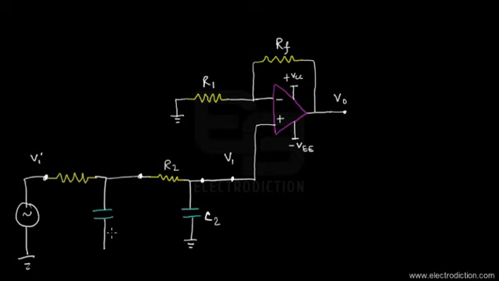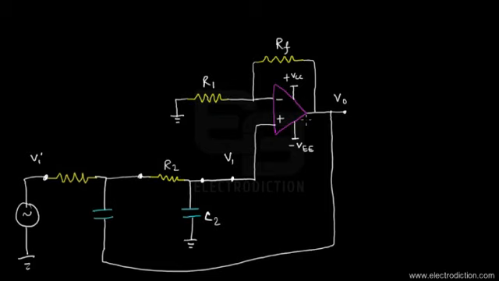And instead of connecting this particular capacitor to ground, we connect it to the output of this particular non-inverting amplifier.